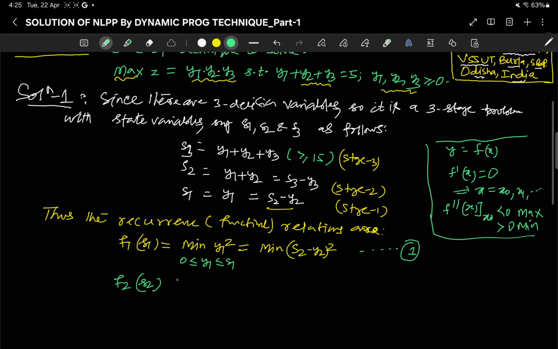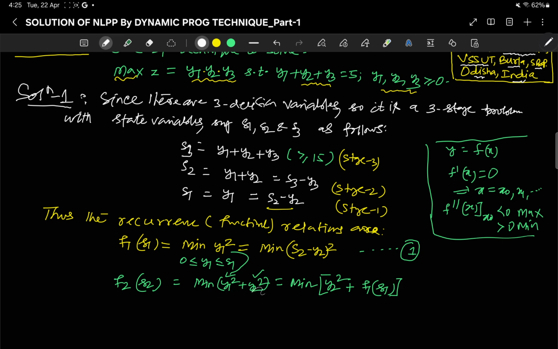So f2(s2) is the minimization of y1 square plus y2 square, which equals the minimization of y2 square plus, for y1 square, I use the previous one, f1(s1).